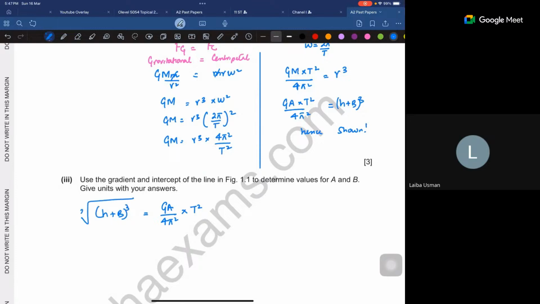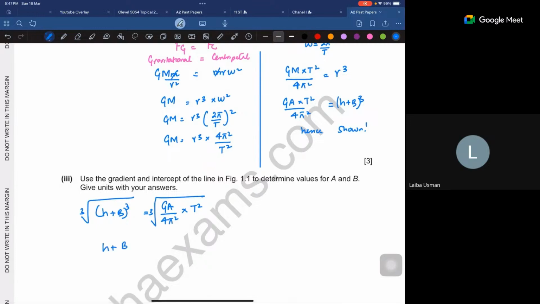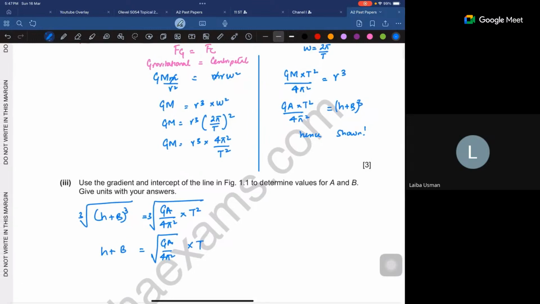Now, if I take the cube root on both sides, this becomes H plus B equals the cube root of GA over 4π² times T. Cube root means power of 1/3, so it will be 2/3. And then H can be written as (GA over 4π²) times T^(2/3) minus B.